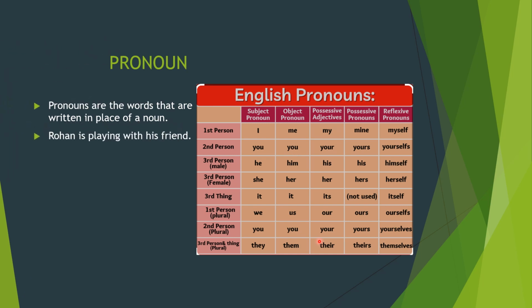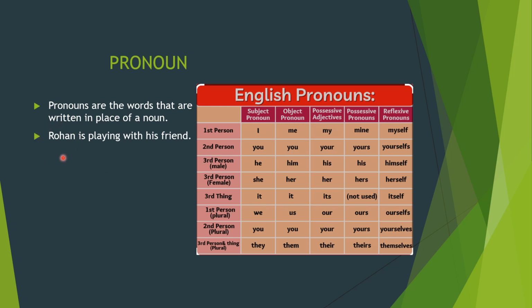Now let's talk about some examples of how pronouns can be used. As I said, pronouns are words that are written in place of a noun. This is an example: Rohan is playing with his friend.